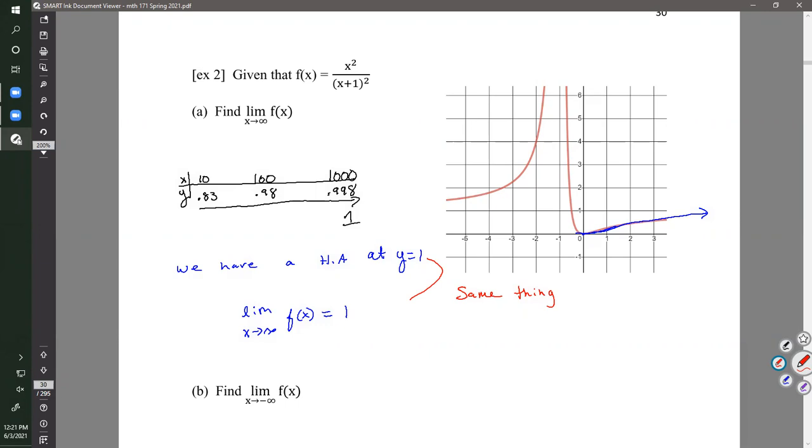And so if you had one of those problems like we did yesterday, where I gave you a bunch of limits and a bunch of points and said make a sketch of this graph, I could now add horizontal asymptotes into that. And so your graph would have to level off at a certain point.